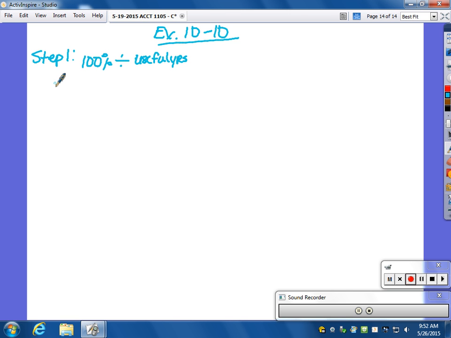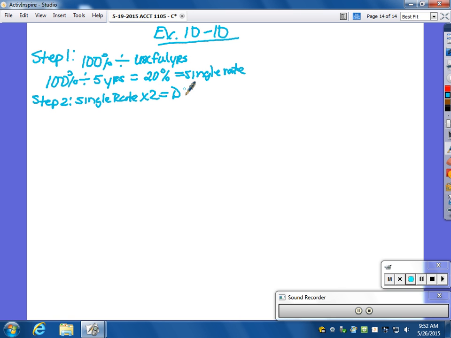But 100% divided by 5 years gives us what? 20%, and 20% is our single rate. And then step 2, single rate times 2 equals double rate. 20% times 2 equals 40%.